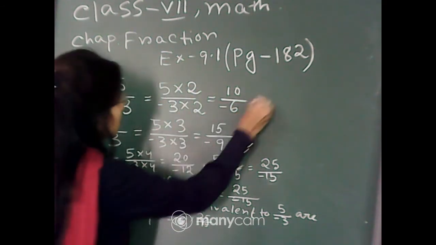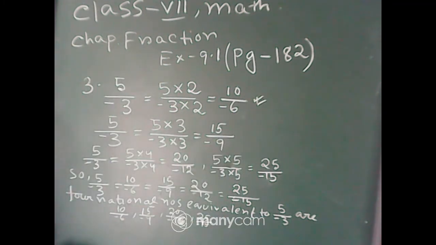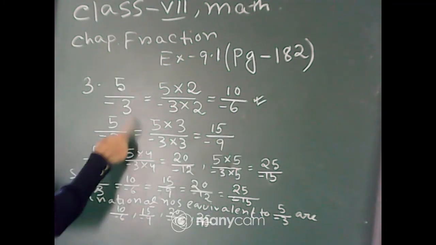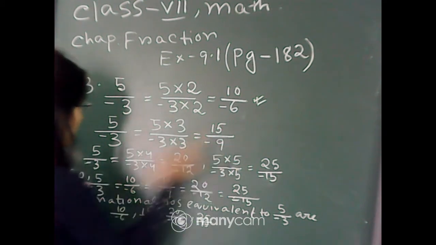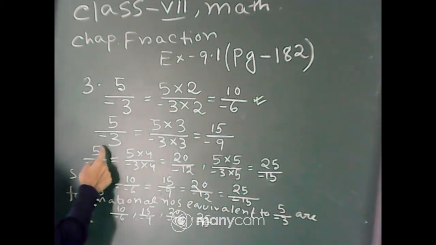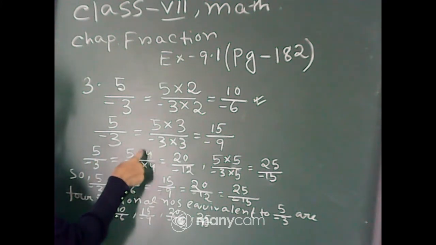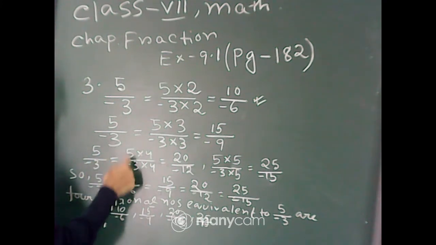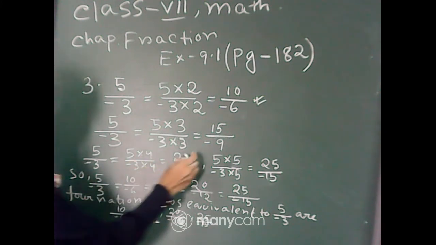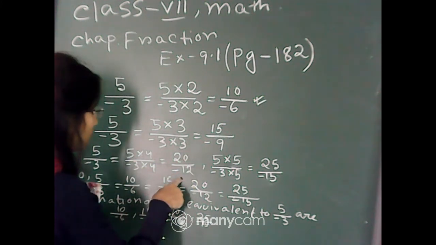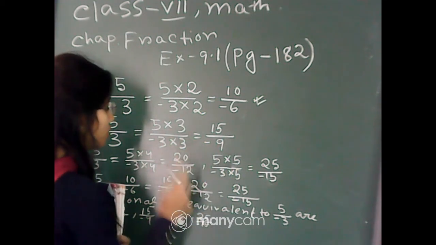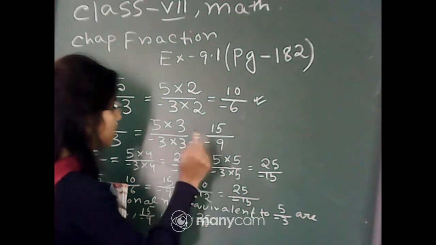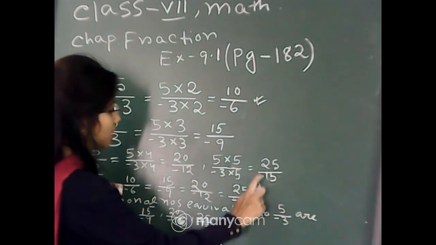So, first we multiply both the numerator and the denominator of 5 divided by minus 3 by 2 and we get 10 divided by minus 6, and then we multiply both by 3 and we get 15 divided by minus 9, and these are equal. Also we multiply by 4 and we get 20 divided by minus 12, and finally we multiply by 5 and we get 25 divided by minus 15.